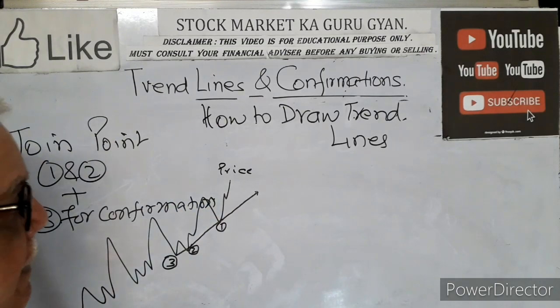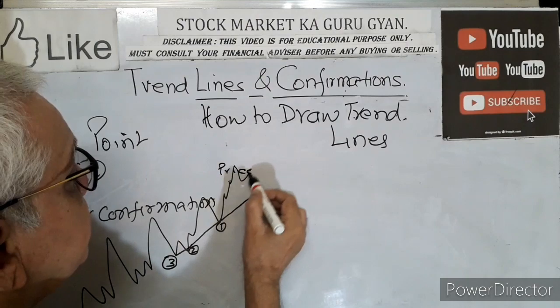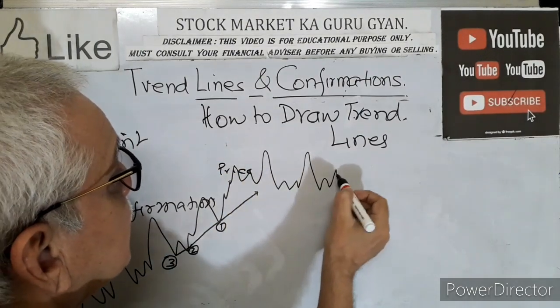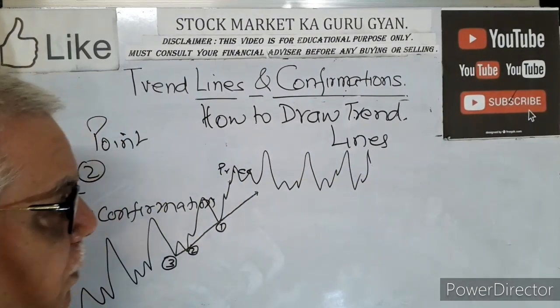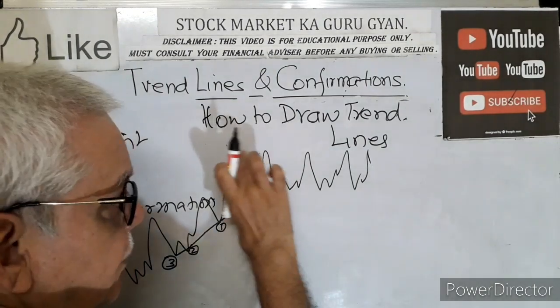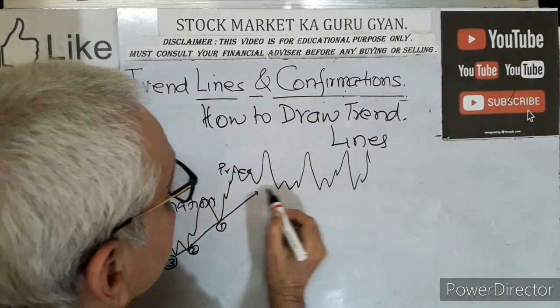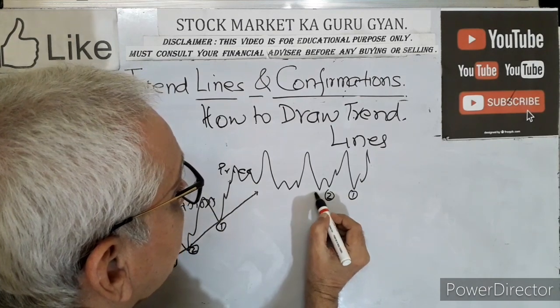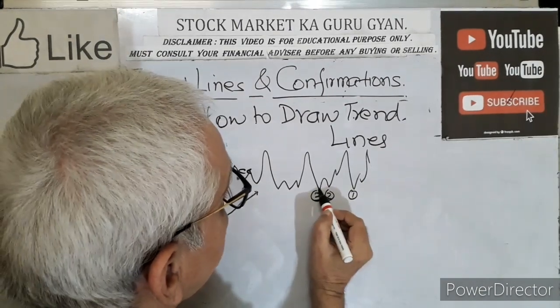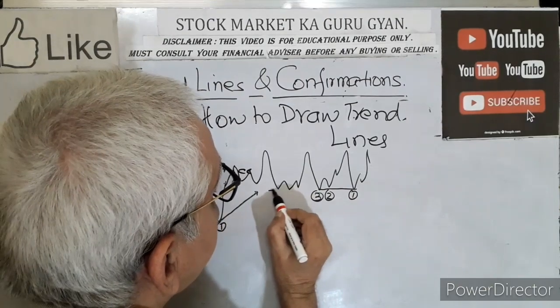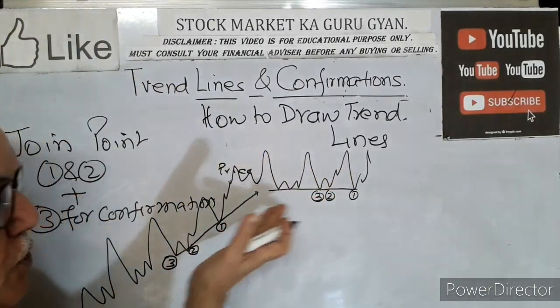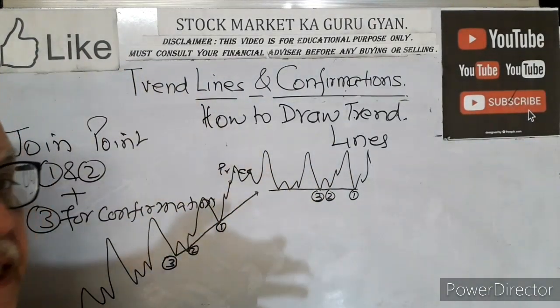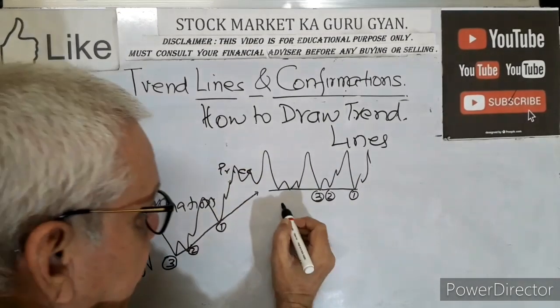Are we all right? Then after some time the trend is sideways. So again join point 1, point 2, point 3, or you can join even more. The more points you join, the stronger is the trend. So this is sideways.